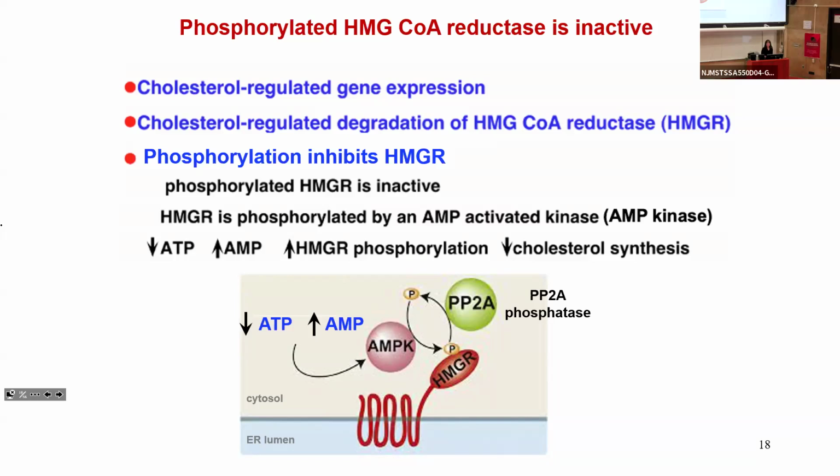Fatty acid synthesis uses a lot of ATP. Cholesterol synthesis uses a lot of ATP. So it's this AMP sensing kinase. When energy is low, it's going to be active and it's going to phosphorylate HMG-CoA reductase in order to shut it off. In the same way that AMP kinase phosphorylates ACC in order to shut off fatty acid synthesis.